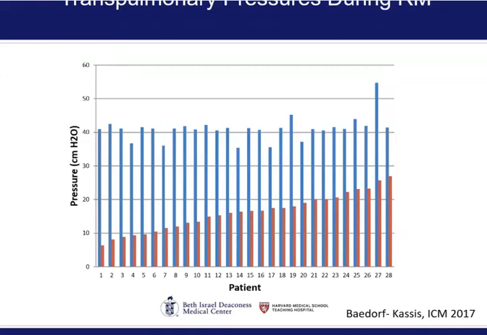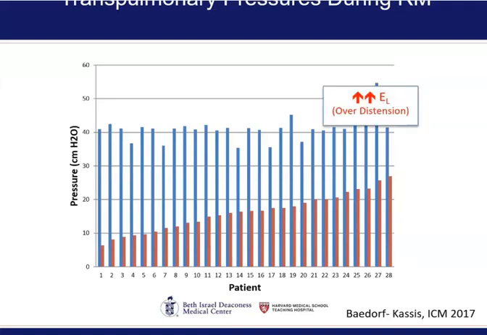We overshot on 1 or 2, but in general, 40 for 40, and that's a pretty standard recruitment maneuver. But when we calculate what the transpulmonary pressure was during that recruitment maneuver, you can see a huge variation. Okay, it goes from about 8 up until almost 30, which is definitely a dangerous distending pressure on the lung.